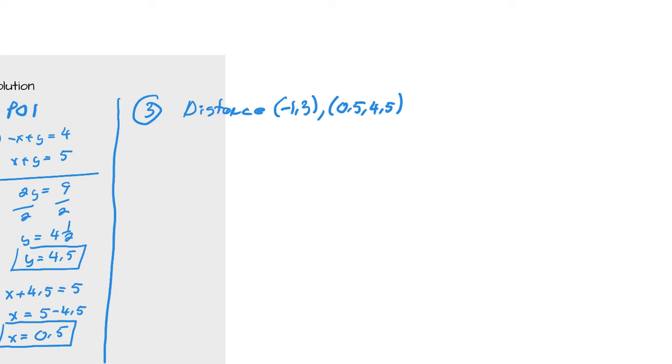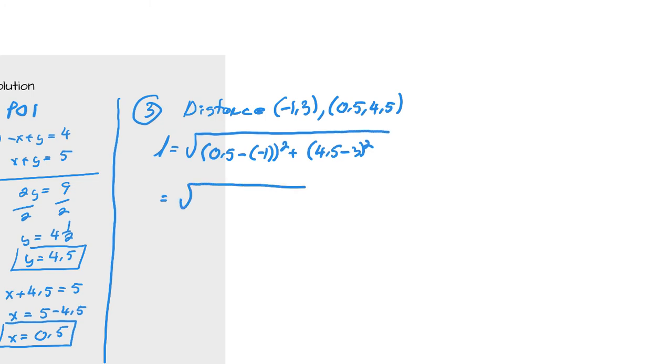So the distance formula, length equals, so now the change of the x, 0.5 minus negative 1 all squared, and then 4.5 minus 3 all squared.